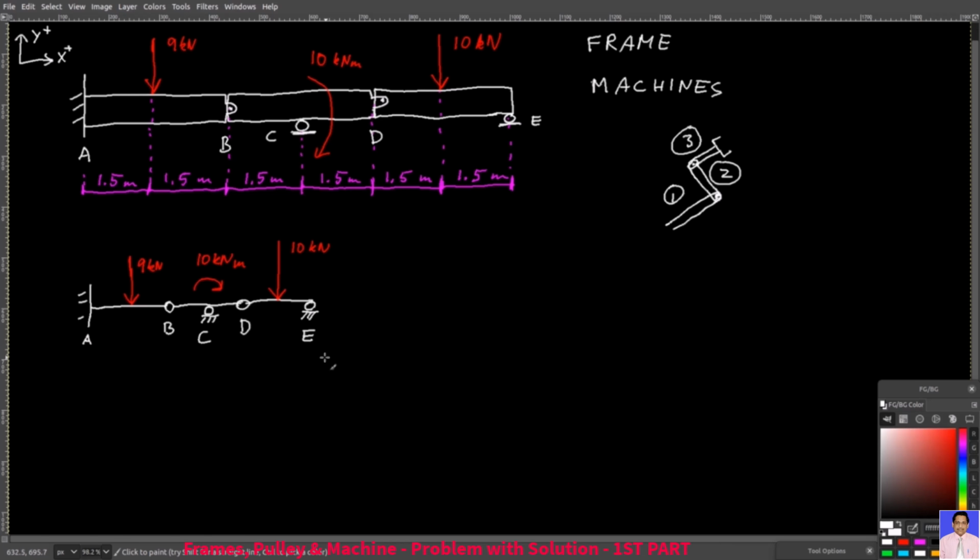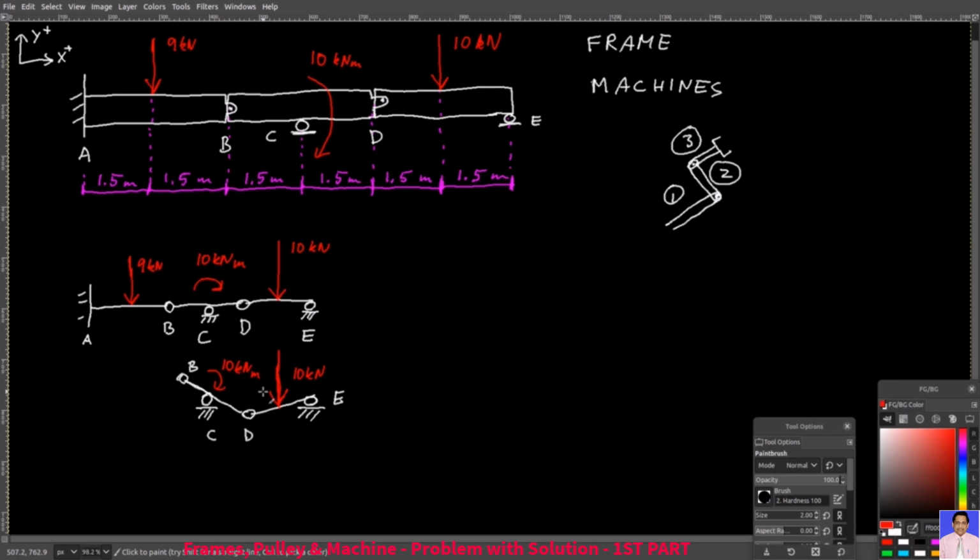After all, you have pins at B and D. So if I apply a 10 kilonewton meter couple moment to the member BD and a downward 10 kilonewton force to member DE, then shouldn't the equilibrium be broken where pin D moves down? Because remember, these pins only resist translation, not rotation.